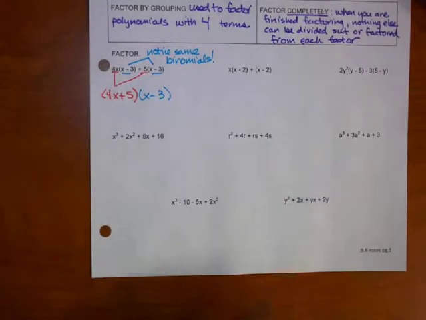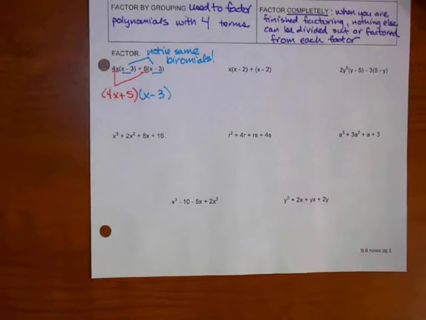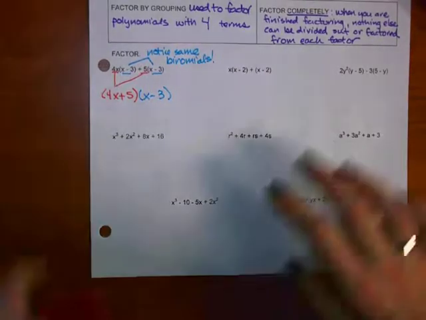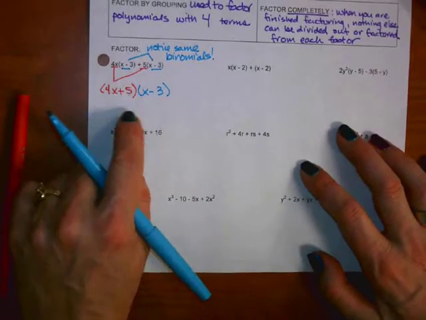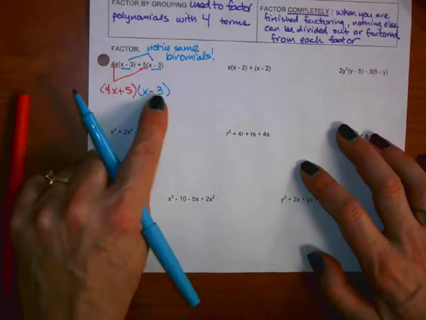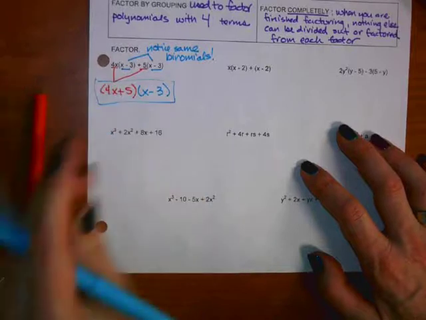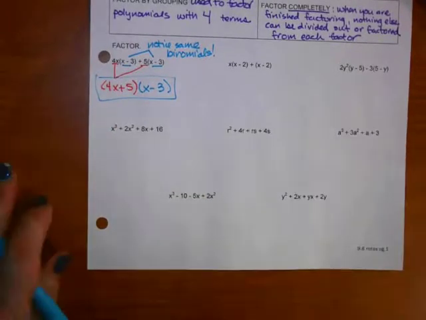Because what's actually happening here is 4x is being multiplied by x and 3, and 5 is being multiplied by x and 3. And so you're done. There's your answer. That's like the second step in grouping.